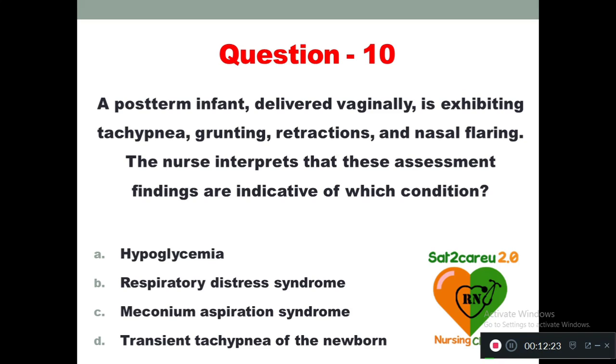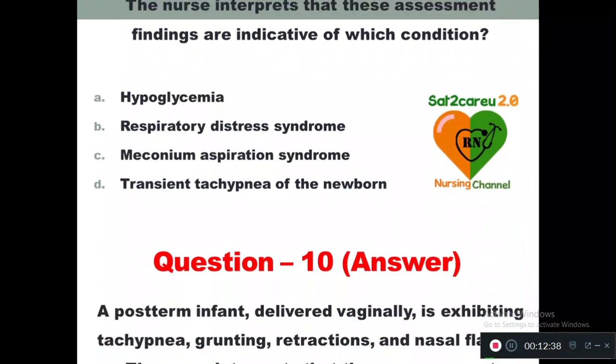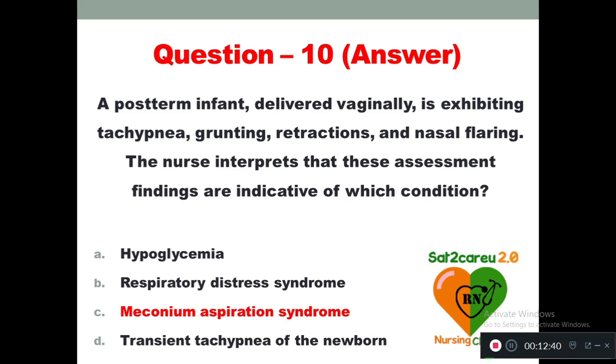So here, the postterm infant delivered vaginally is exhibiting tachypnea, grunting, retraction, nasal flaring. The nursing assessment finding indicates this is due to option C, meconium aspiration.